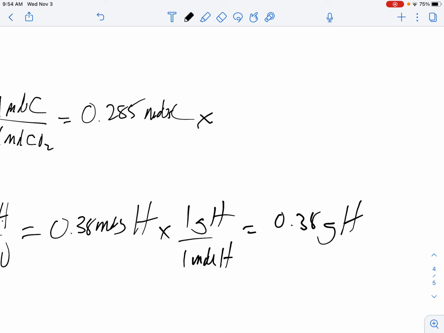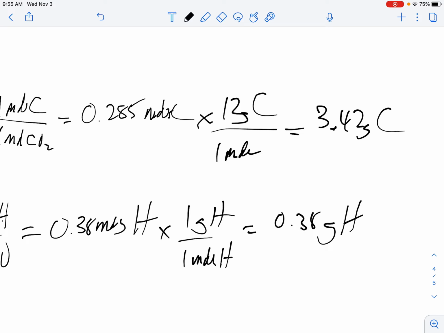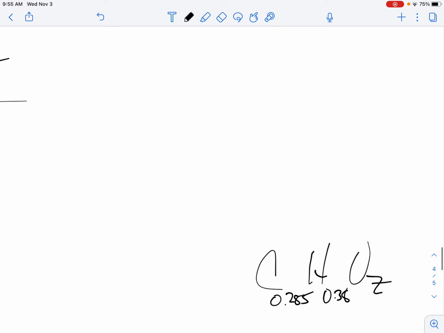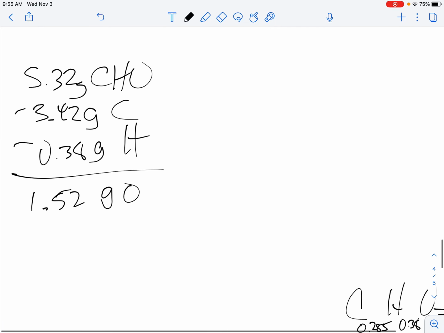Carbon weighs a little bit more. Carbon weighs 12 grams per mole, so that's your 0.285 times 12. That's 3.42 grams of carbon. So I'm going to subtract out 3.42 grams of the carbon, so 5.32 minus the 3.42 minus the 0.38 gets me 1.52 grams of the oxygen, and I can't put that down here yet until I turn it into moles.